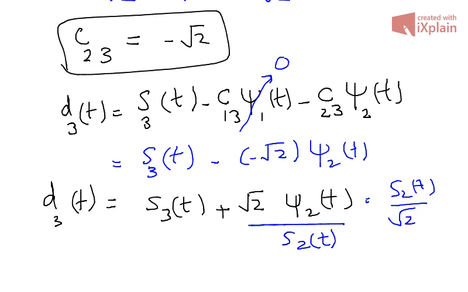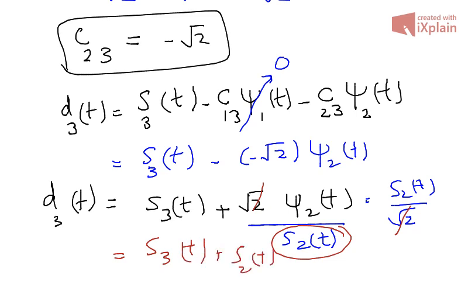So square root 2 cancels out. So this is S3 of t plus S2 of t. Your D3 is actually the addition of these two.